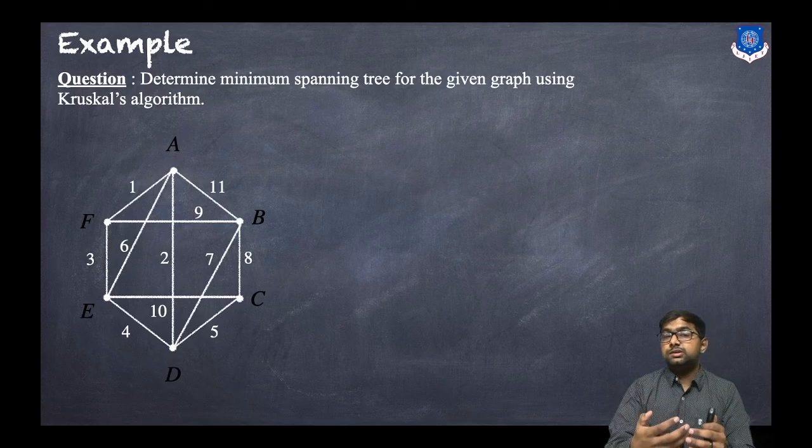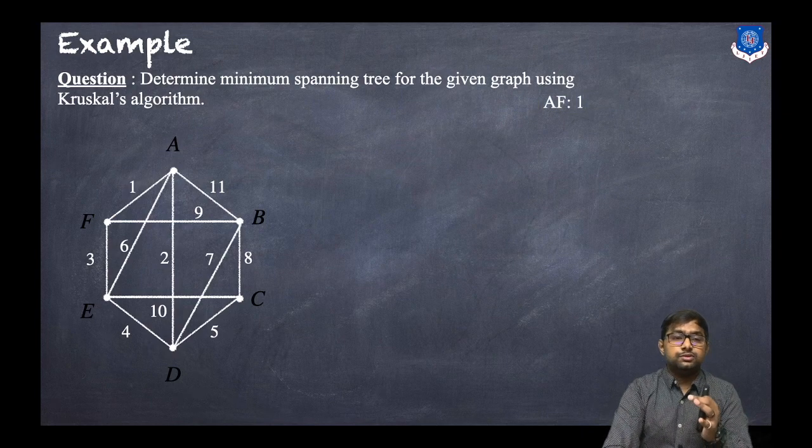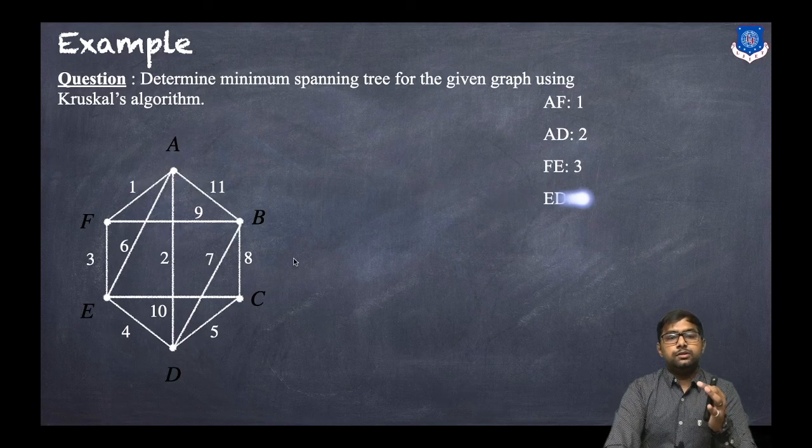What is the edge which has the minimum weight? As you can see, this is AF, which has weight 1. Then A and D has weight 2. Next, 3: this is FE, which has weight 3. Then ED has weight 4. Then DC or CD has weight 5.